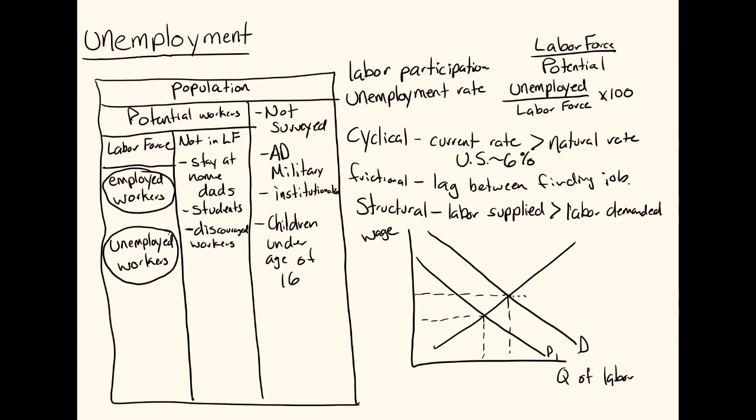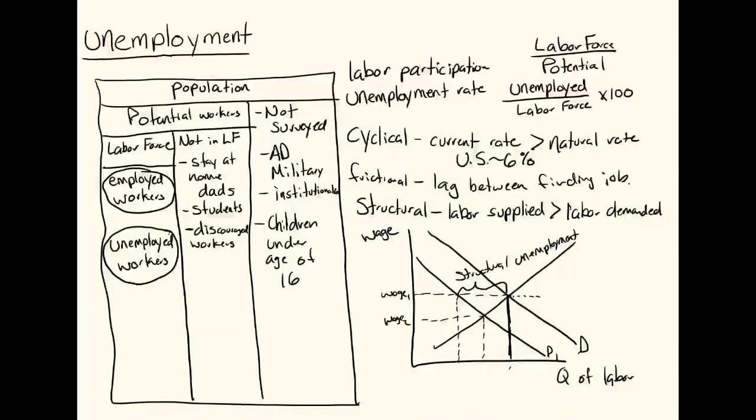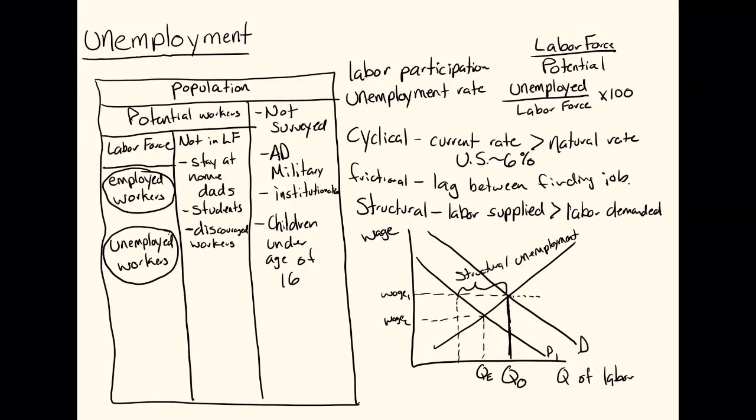But due to downward rigid wages, the wage cannot drop to the new lower equilibrium, which results in a gap between labor demanded and labor supplied. This gap is structural unemployment. It is important to note that this reduces employment beyond the new equilibrium point to a lower employment level.